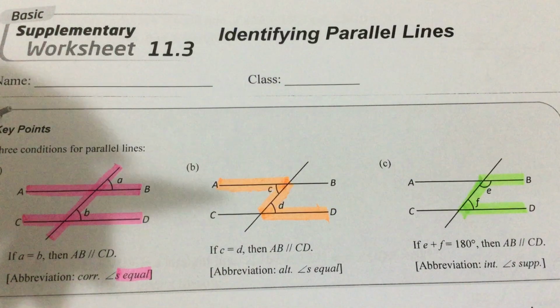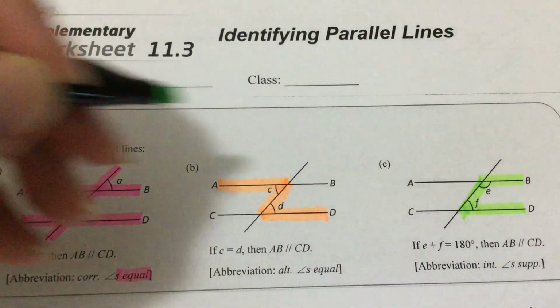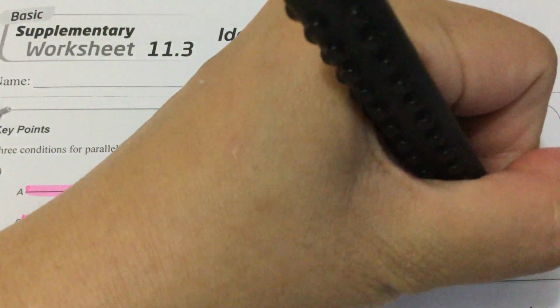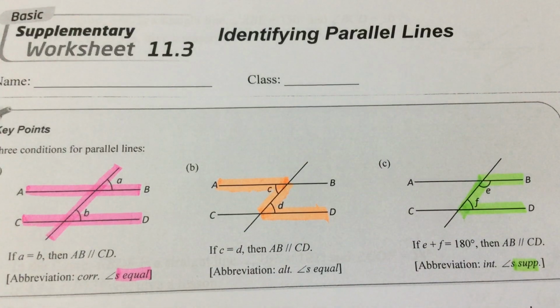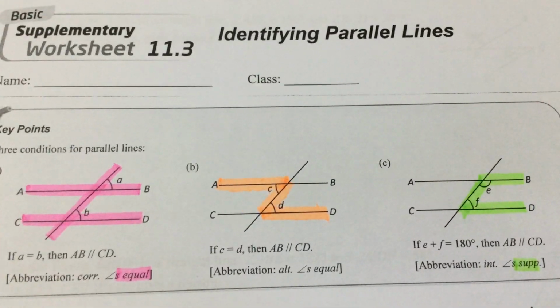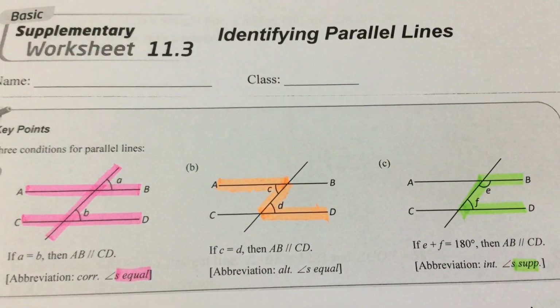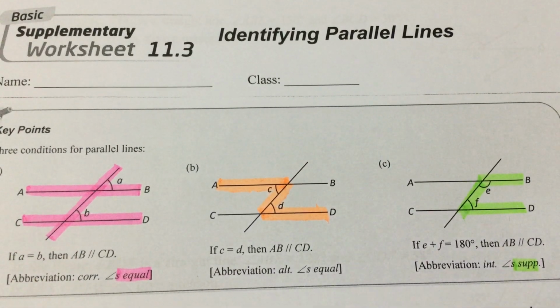But please pay attention because they are not equal, so we will use supplementary here. Supplementary means the angles add together to get 180 degrees. In Chinese, this one is called 五保. So we have supplementary with 180 degrees in this question.